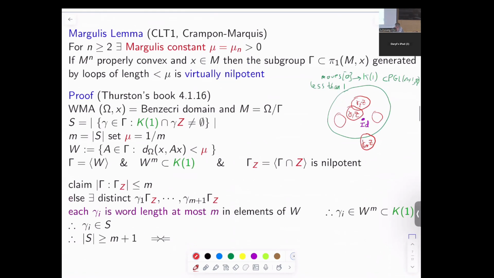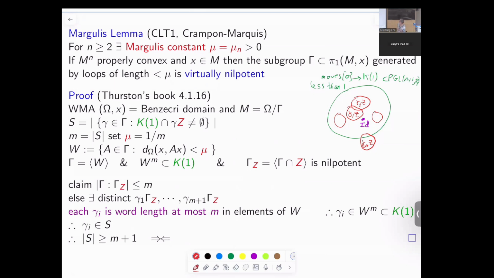So this leads to the Margulis lemma. What is that? It's a theorem about properly convex manifolds. In every dimension bigger than 2, there's a positive Margulis constant. And the deal is, if you have a properly convex manifold in this dimension and a point in there, you can think about the loops starting and ending at that point whose length is at most the Margulis constant.